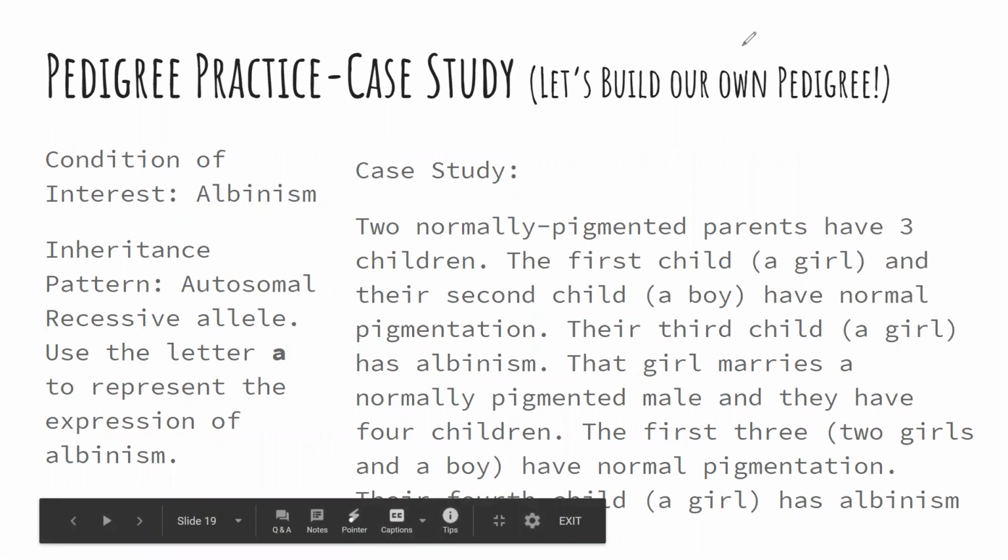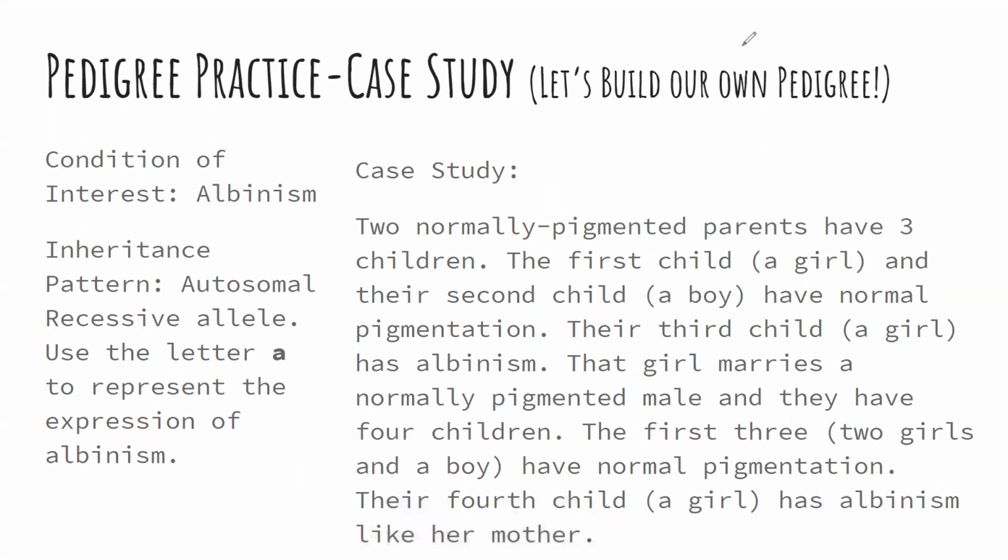Okay? So let's practice building a pedigree of our own based off of a case study. The condition we're going to be talking about is albinism. We had a wonderful presentation on albinism 2 weeks ago. The inheritance pattern is that it's an autosomal recessive allele, so it's caused by a gene on chromosomes 1 through 22.